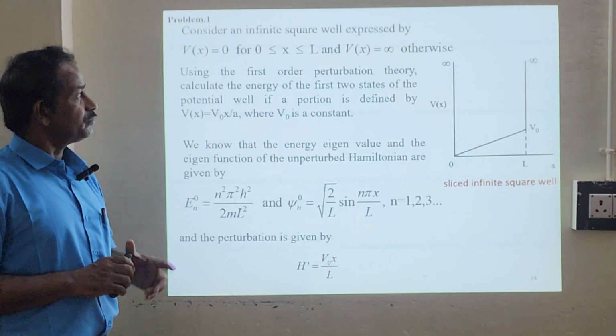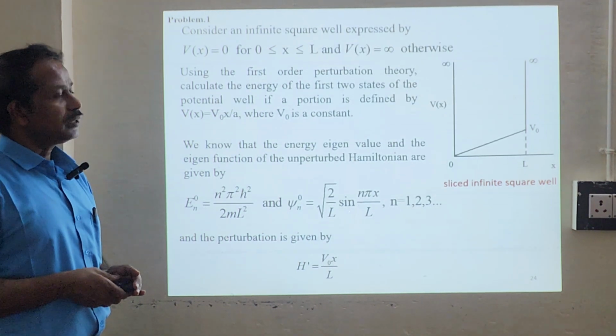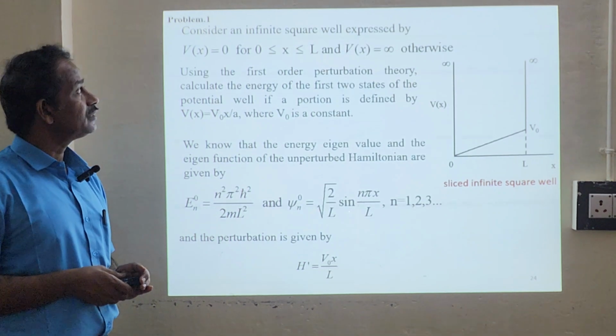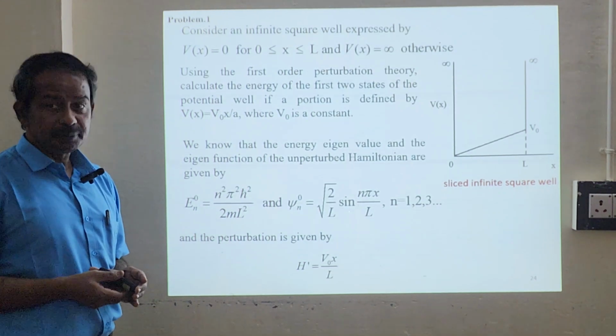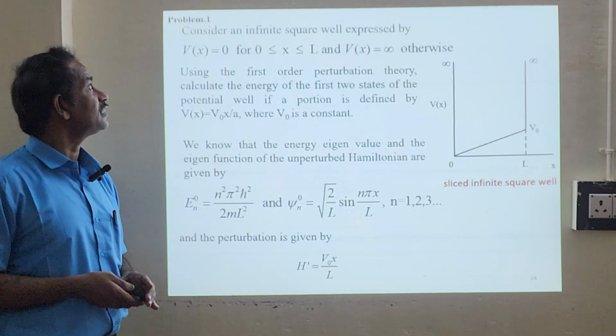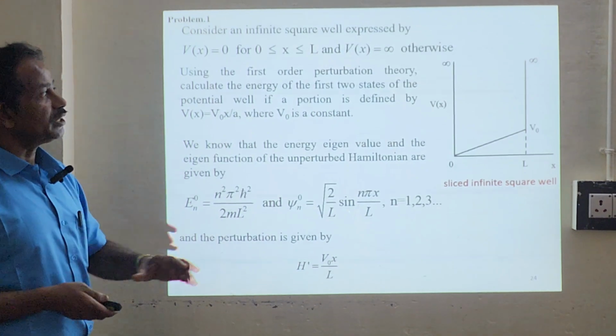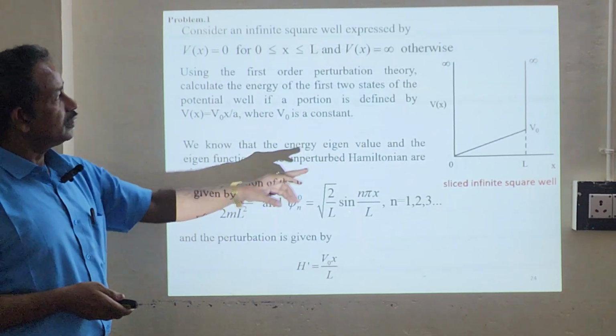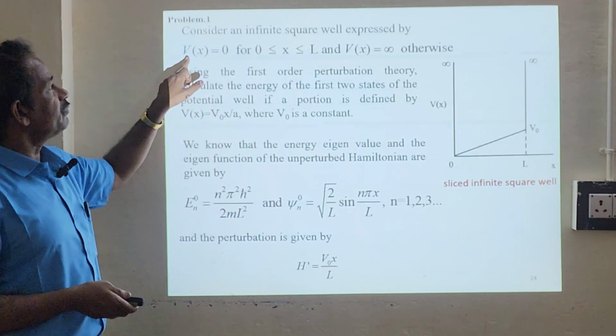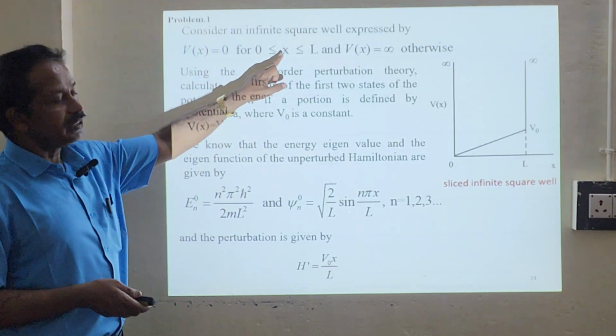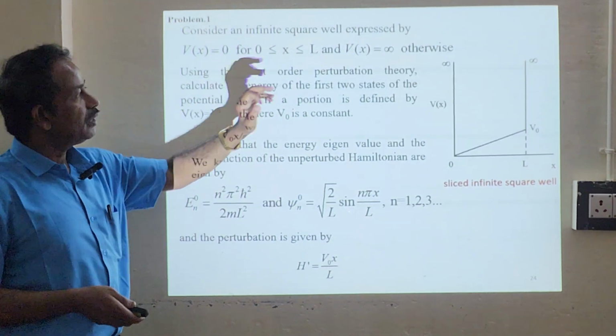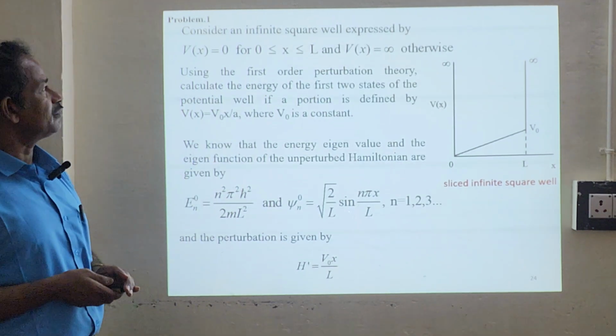Problem 1. We are going to solve only one problem using time independent perturbation theory for stationary states. Consider an infinite square well expressed by this condition: V of x equal to 0 when x lies between 0 and L, and V of x equal to infinity otherwise.